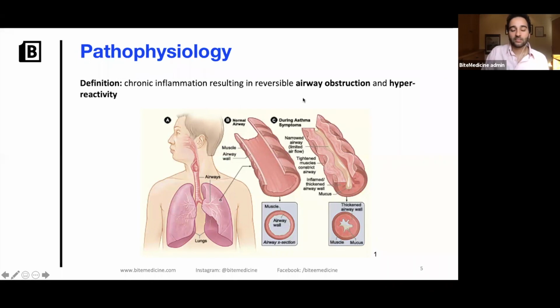When we say reversible airway obstruction, what we mean is that when you give bronchodilators to these patients, generally that should cause the airways to open up, relieve the patient's symptoms and improve their spirometry. Hyperreactivity just means that these patients generally have a degree of genetic susceptibility to certain things in the air, allergens, irritants, pollutants, etc., which their airways are responding to.